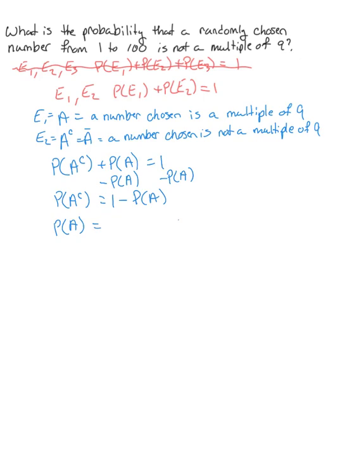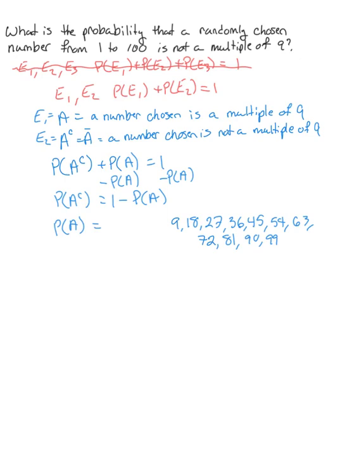We have the numbers 9, 18, 27, 36, 45, 54, 63, 72, 81, 90, 99. So how many numbers do we have there? 1, 2, 3, 4, 5, 6, 7, 8, 9, 10, 11 numbers.